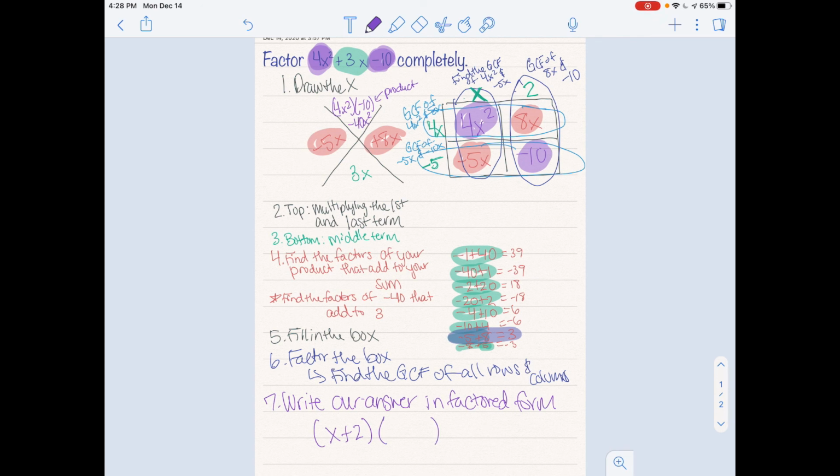So our x and our 2, we're going to add those together. And then the ones on the left we will combine as well as 4x minus 5. You want to make sure that you are keeping your signs with your numbers. So that's why we have 4x minus 5. So this is factored form. And that is how you factor using the Xbox method.